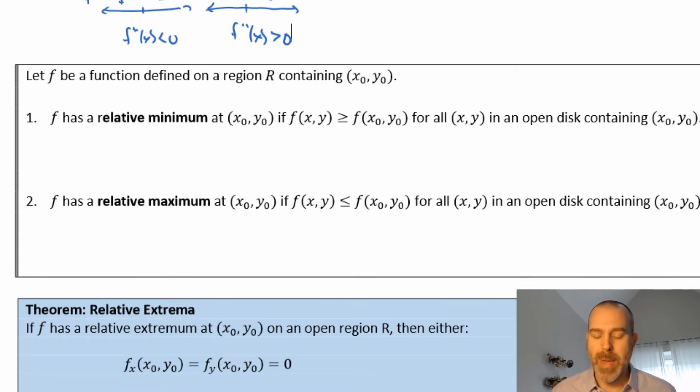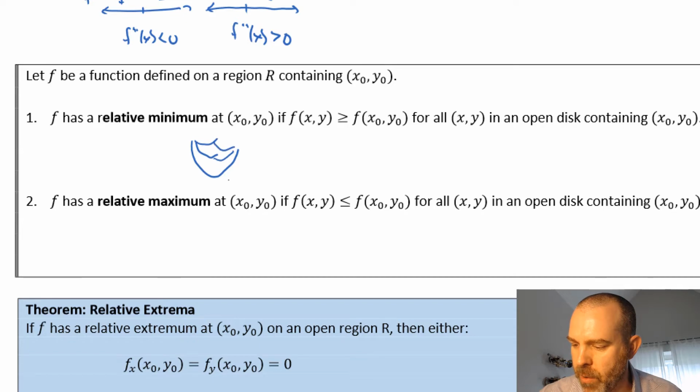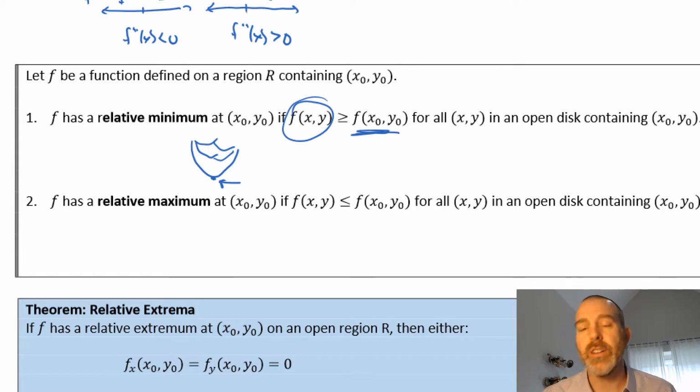So a relative minimum would be, right, we have some kind of parachute thing here. We have this relative minimum down here at the bottom. So a relative minimum means all of the function values are at least as big as the function value at that minimum for all x,y in an open disk.